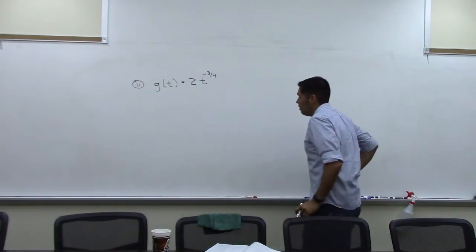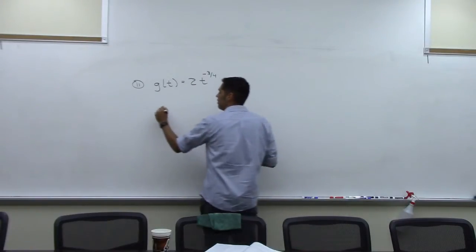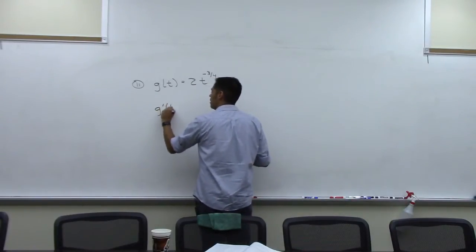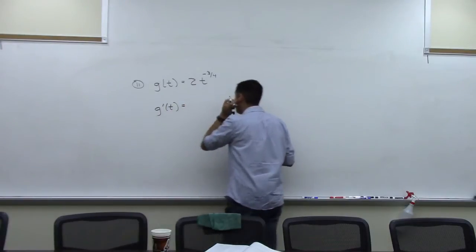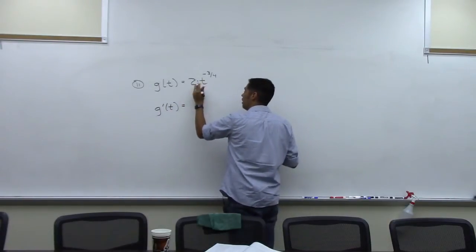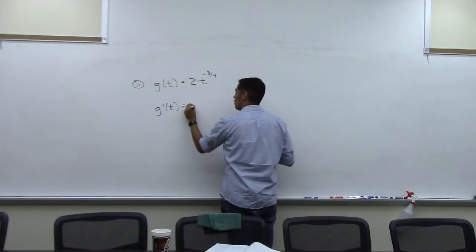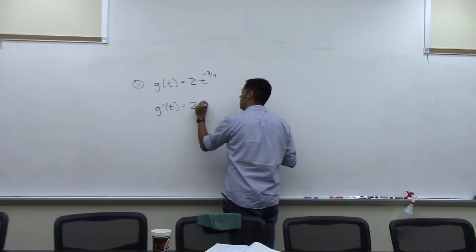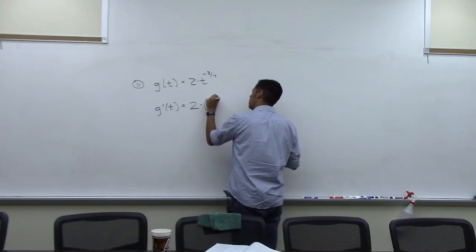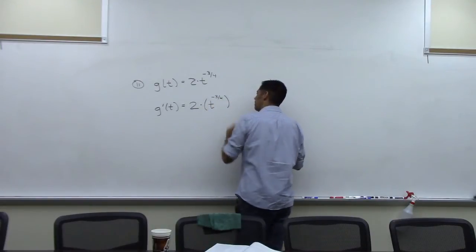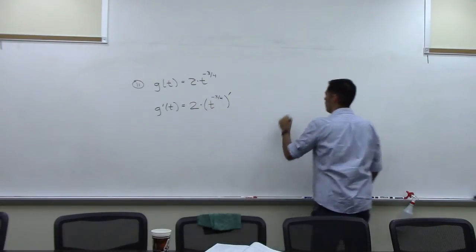All right, well, pretty straightforward in terms of, it's just a single term, so I can take the derivative pretty simply. 2 is a constant attached to a function, so it'll come for the ride. And now I need to take the derivative of t to the negative 3/4. I need that derivative, so I'm going to do that right here.